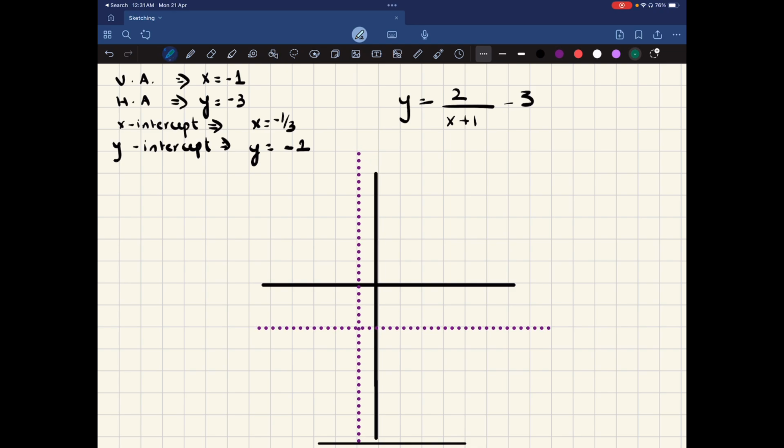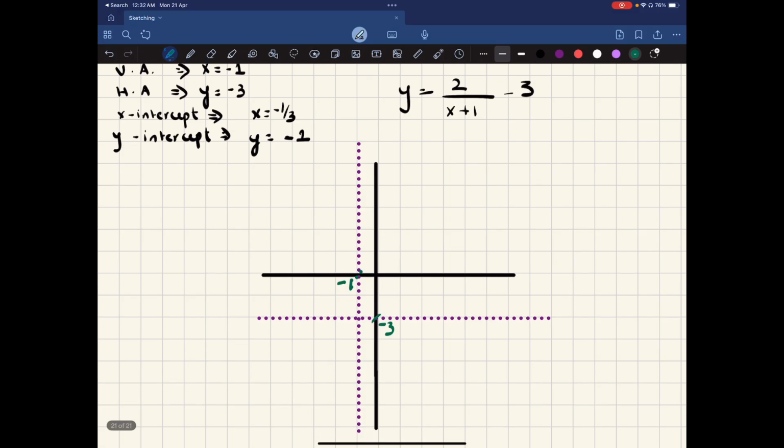Okay. So this is negative 1. Oops. Negative 1. This is negative 3. X-intercept of negative 1 over 3 here. And let's say negative 1 here. Okay, so what is our graph going to be?